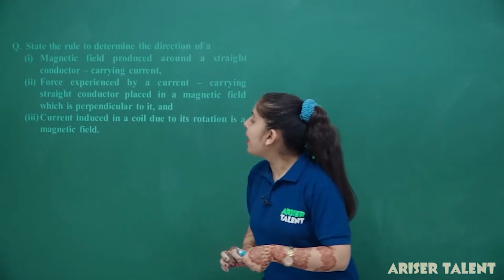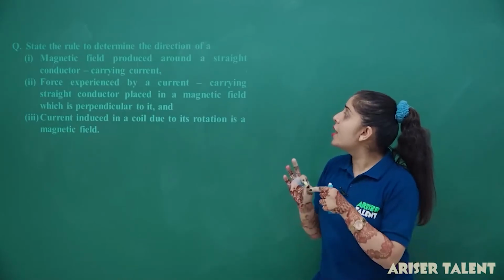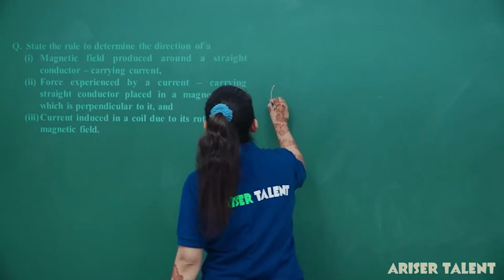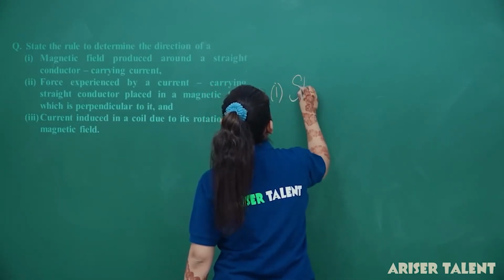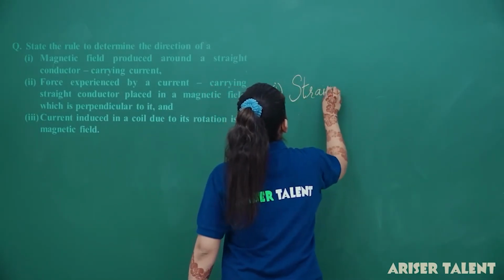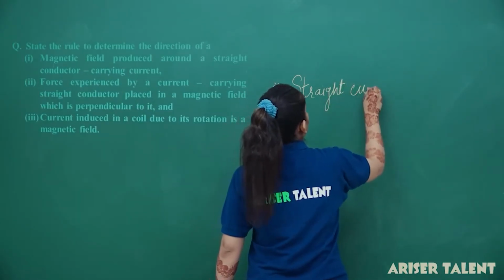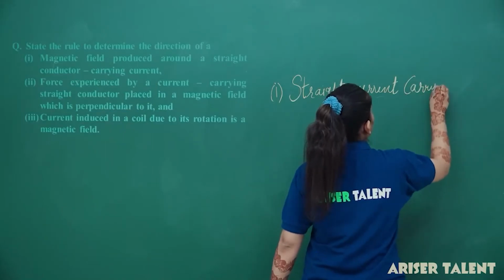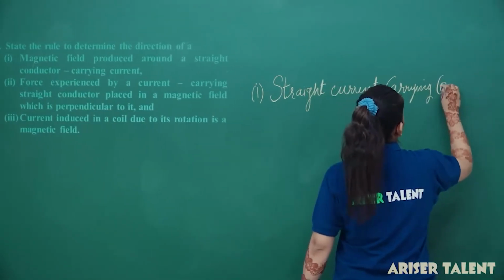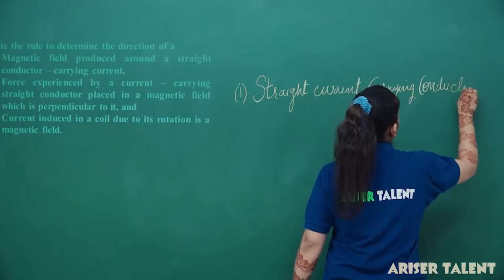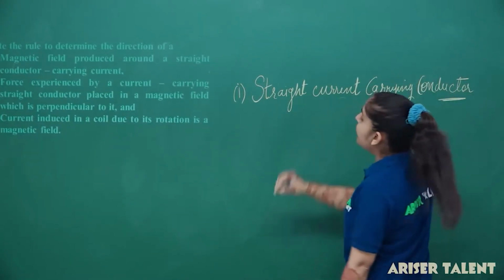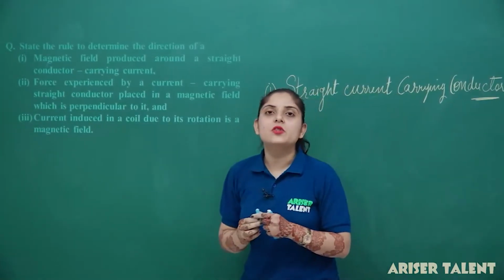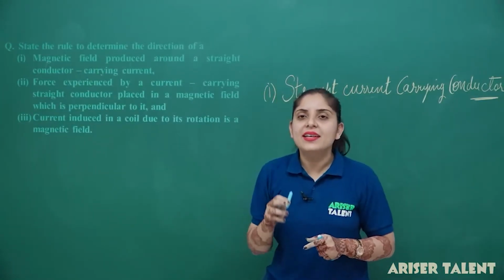State the rule to determine the magnetic field produced around a straight conductor carrying current. So in the first case, we are given a straight current carrying conductor. For that, we have only one rule, which is known as Maxwell's right hand thumb rule.